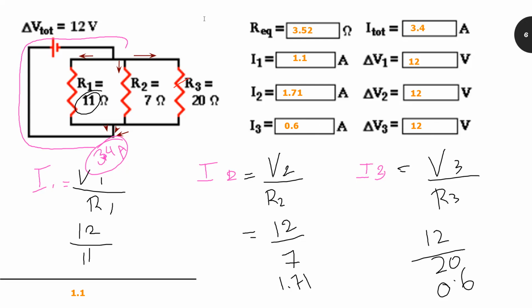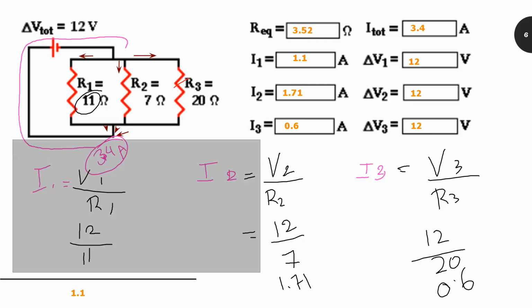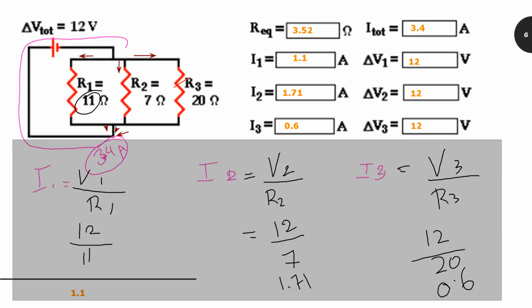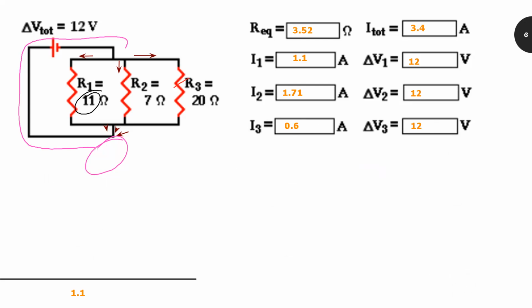Now let's check if my answer is correct or not. I told you that in the parallel, you have a voltage distributor. So that means the voltage will be distributed in the three resistances. So if you add I1 plus I2 plus I3, you must get I total.